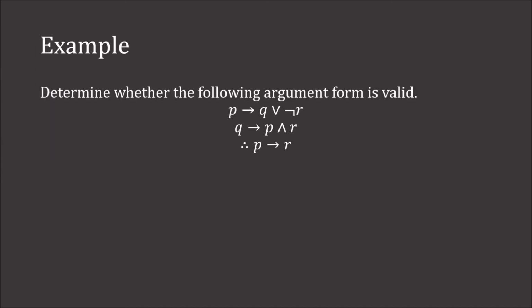Let's first look at not R. Let's create a column for not R. Remember, negation just switches truth values.